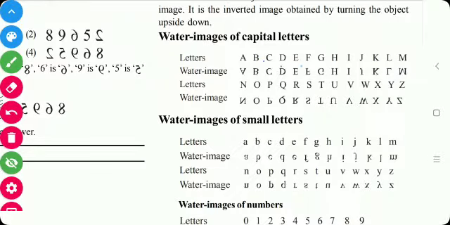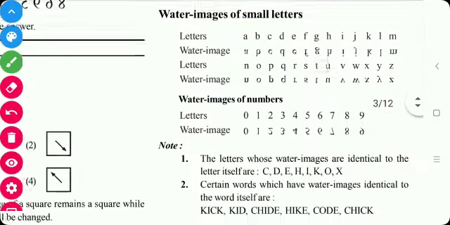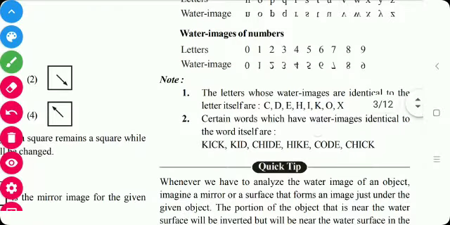C, D, E, H, O, all these letters have the identical water image. And the certain words which have water images identical to the word itself are kick, kid, child, hike, code and chick.